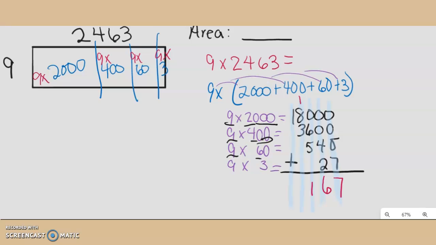We have 8 plus 3 is 8, 9, 10, 11, plus one more is 12. So you have 12, carry the 1, and then 1 plus 1, or one group of 10,000 plus one group of 10,000 is two groups of 10,000. And our answer for the area is 22,167. That's the area. Great.